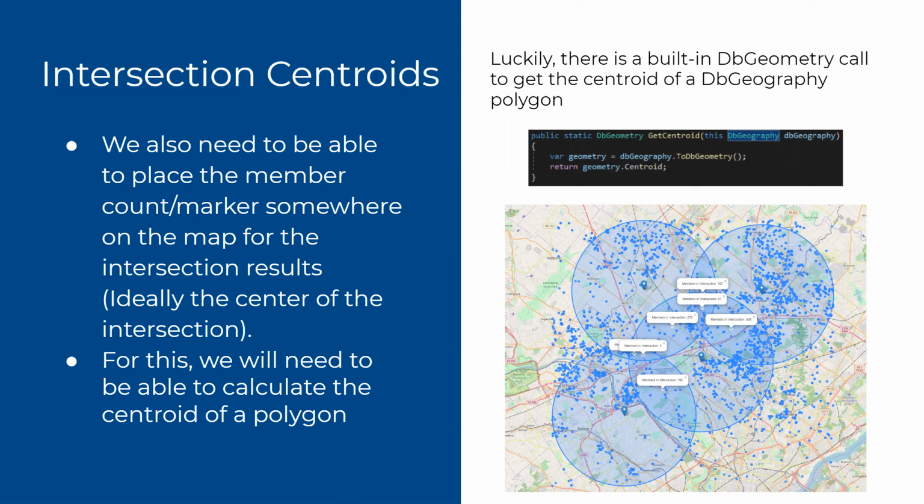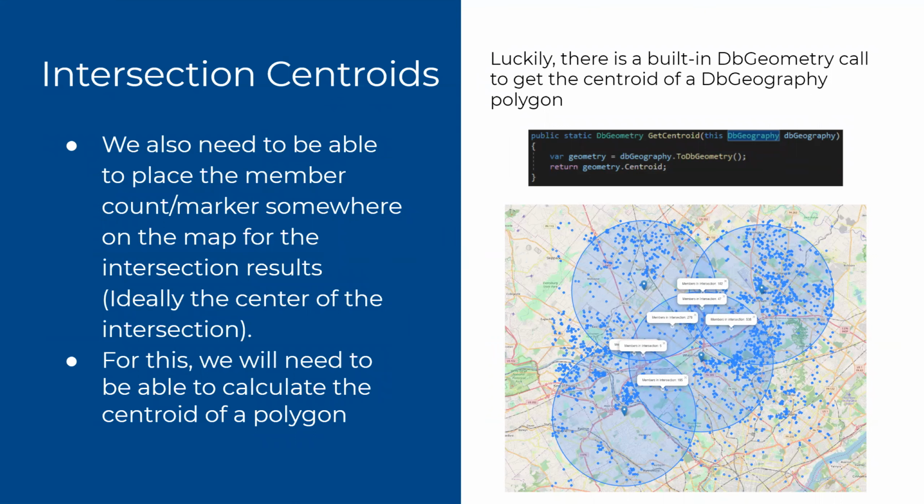Ideally, you'd be able to put a marker right in the center of that intersection. But then you have to find the center of that intersection. Luckily for us, there's a nice built-in DB geometry call to get the centroid of a polygon. The centroid, as you might expect, is just the centermost point of a polygon.